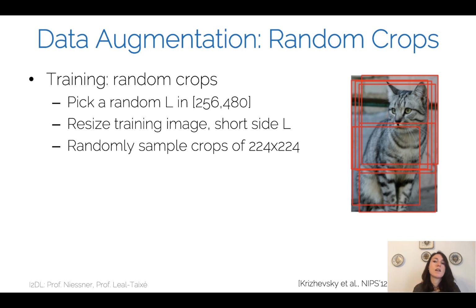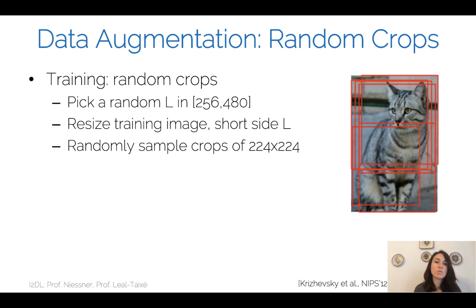And finally, we can not only do cropping as we showed earlier, which is from one image we obtain 5 crops, which are essentially top left, top right, bottom left, and bottom right corner, and the center. But we can actually do random crops to generate even more variations of an image.